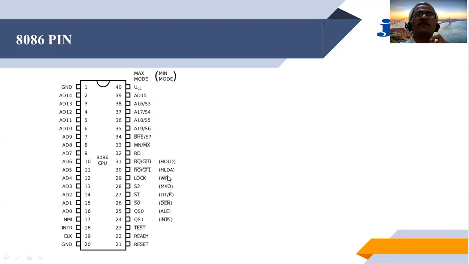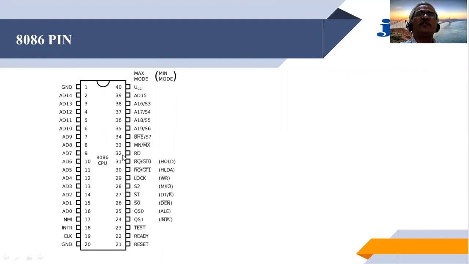We have the write signal. We have the M/IO bar, DT/R bar, the data transmit or receive, the data direction, DEN data enable, ALE address latch enable, and the INTA. So similar kind of signals were available on the 8085 as well.